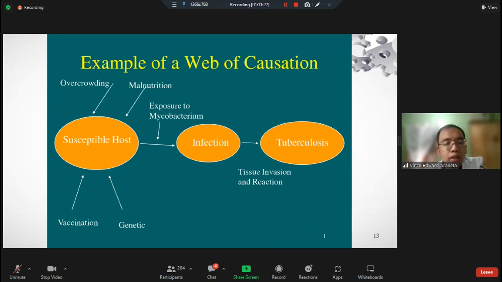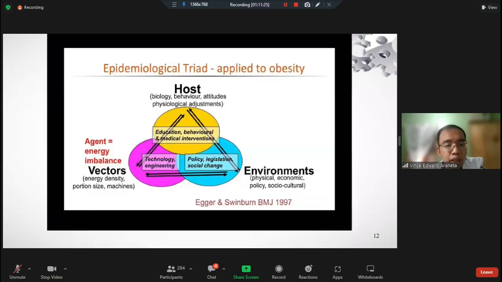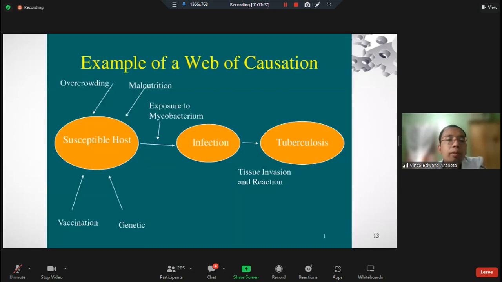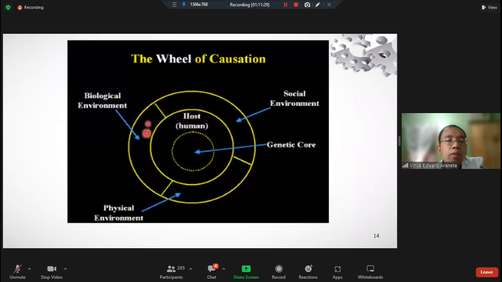This is actually just an expansion of the triad. And even the wheel of causation just focuses on the host with its environment, like biological, social, physical, that interacts with the genetic core of the individual.